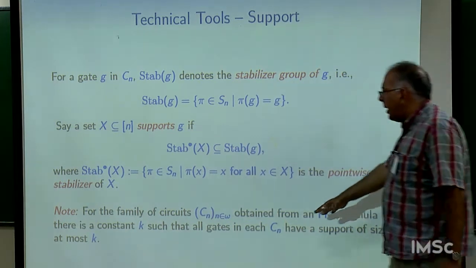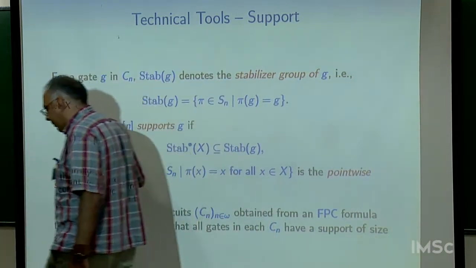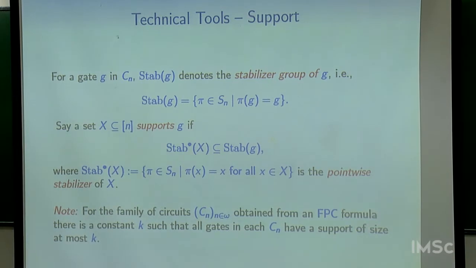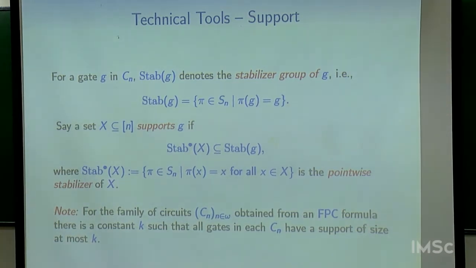So the circuits we get from formulas have the property that there is a constant k, so that every gate has a support of size at most k. And our main technical construction is showing that this is actually necessary. Once you've fixed the fact that your circuit is symmetric and polynomial size, you have to have constant size support.